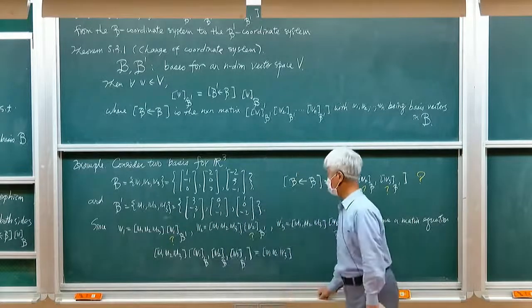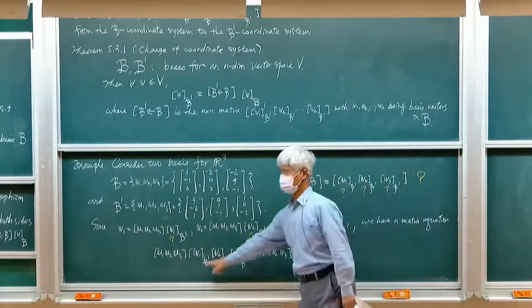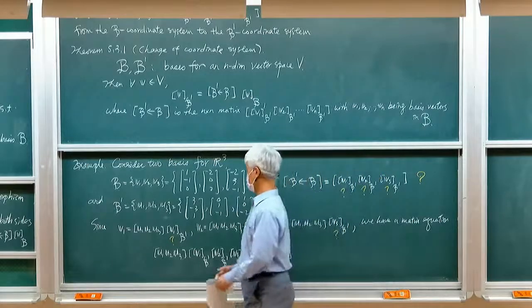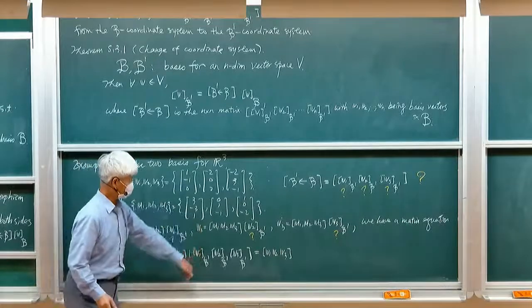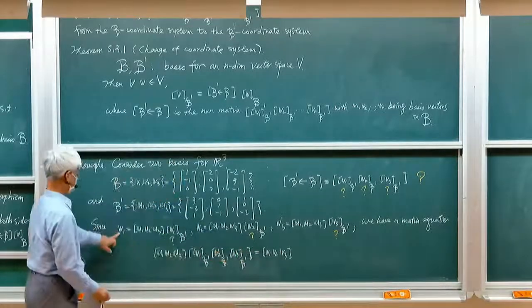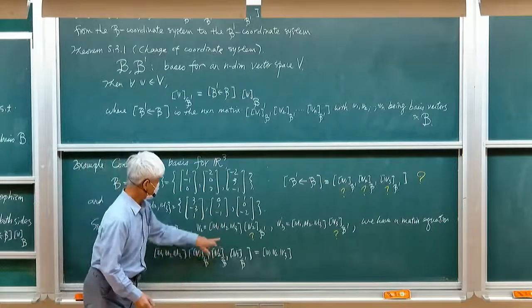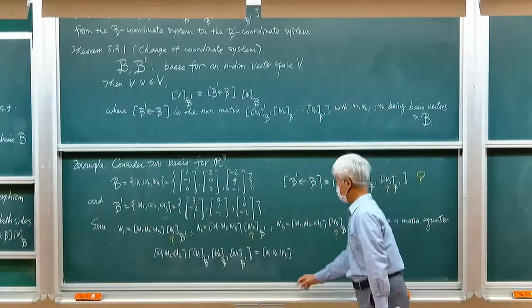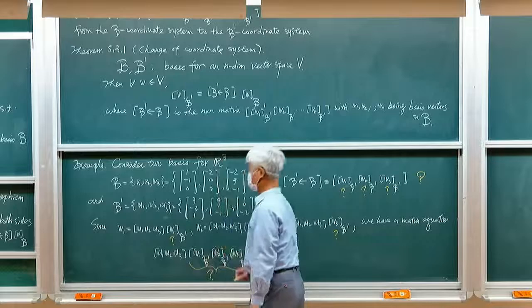So I put these three equations into one equation, because this matrix times the first column is equal to V1, and this matrix times the second column gives us V2, etc. And this is unknown, so we have to solve.